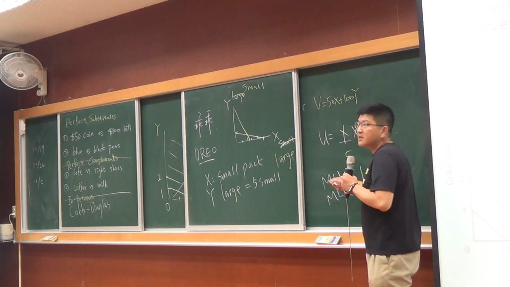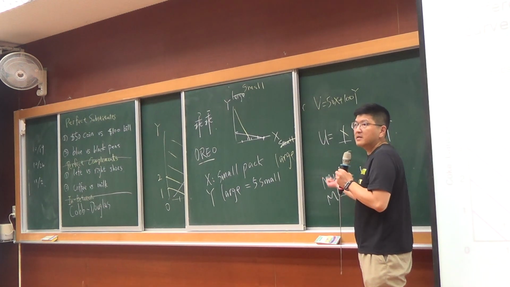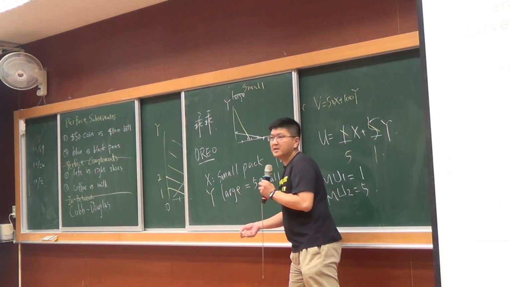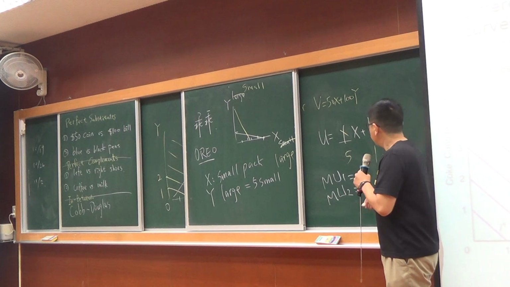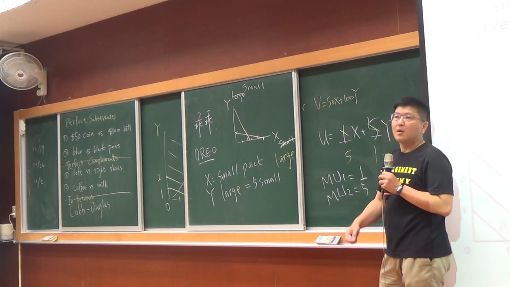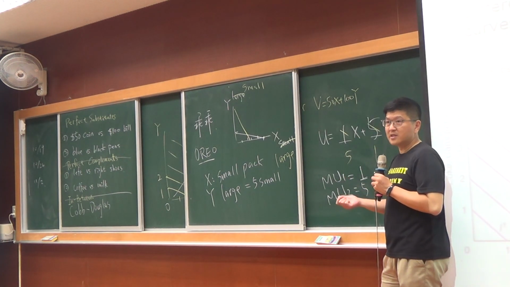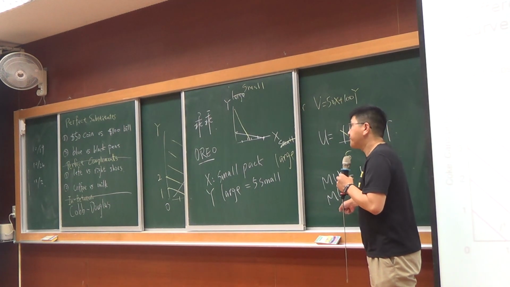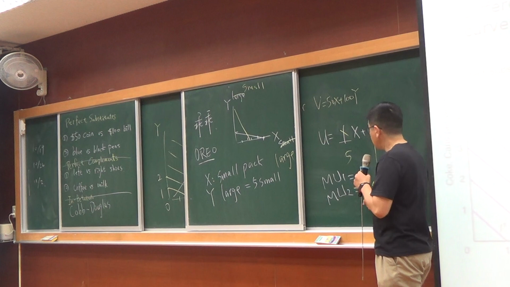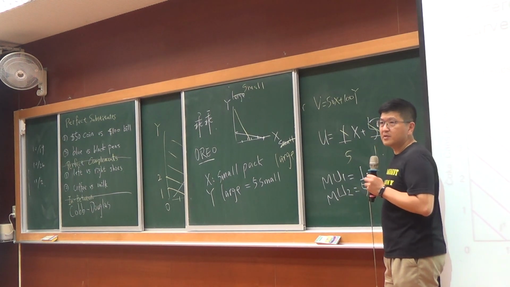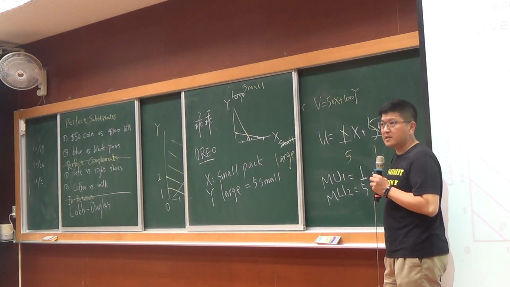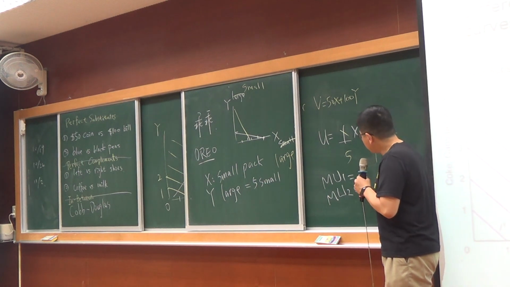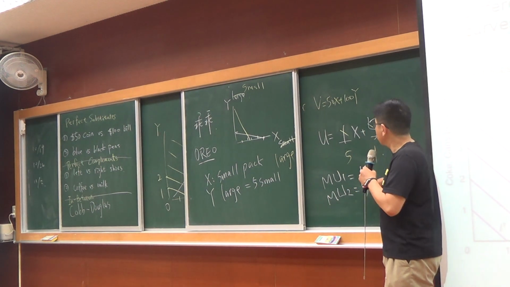Which means an extra unit of small pack Oreo provides us 1 unit of utility. And per unit of the large pack, give us a 5 unit of utility. So it is the marginal utility.